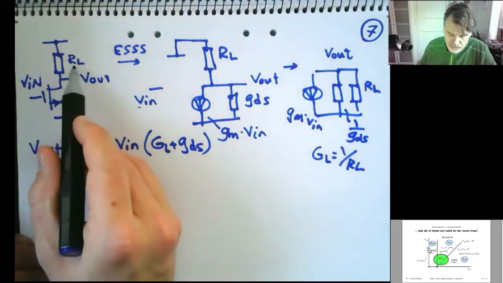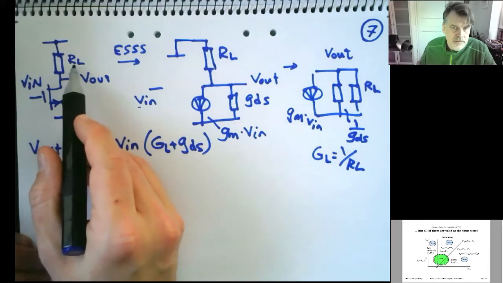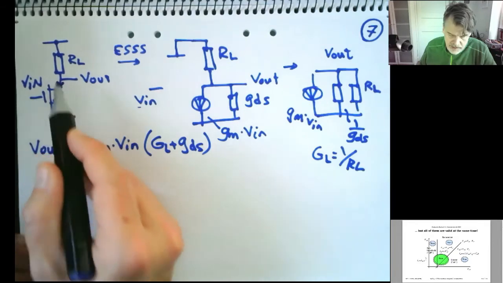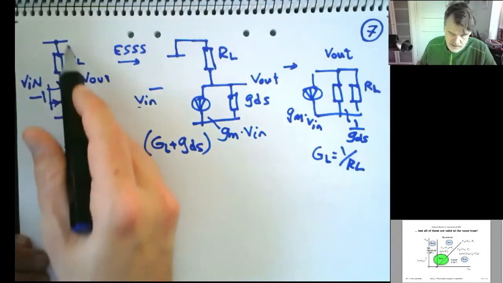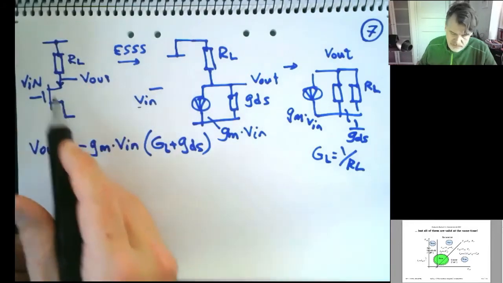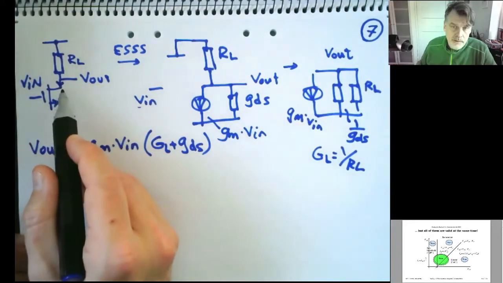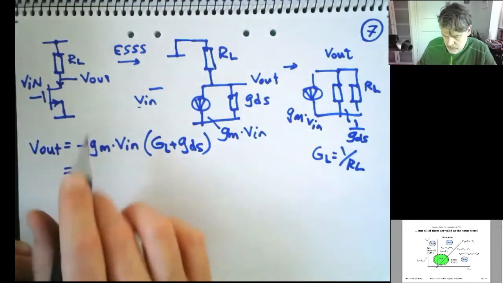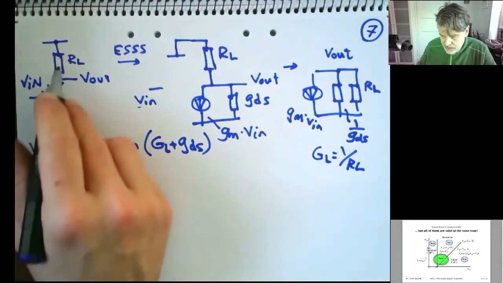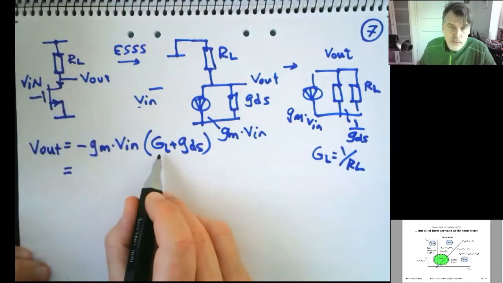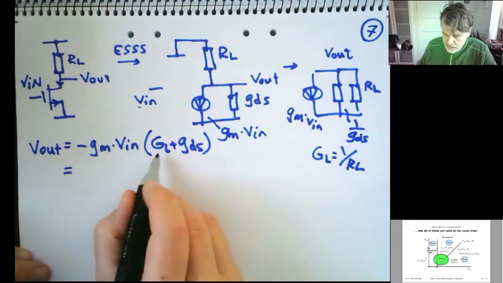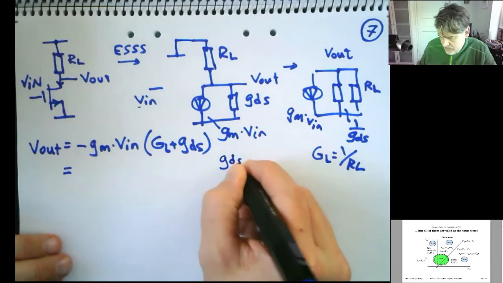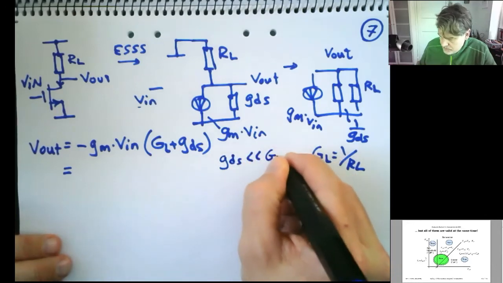If I have mega ohms for the resistor, I get high output impedance, but then I can't guarantee high current here. If this is mega ohm, and we have say 1 volt across this device, I will get 1 volt divided by 1 mega ohm. I can only push out microamps to the output. So it doesn't make sense to have too large RLs. So we can assume that RL is pretty low value, which makes GL large compared to GDS. GDS is thus small, much smaller than GL.